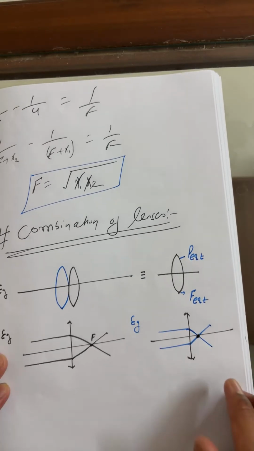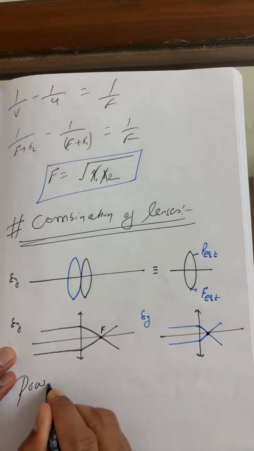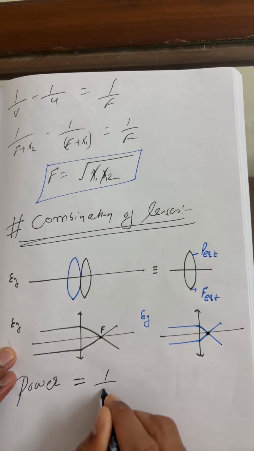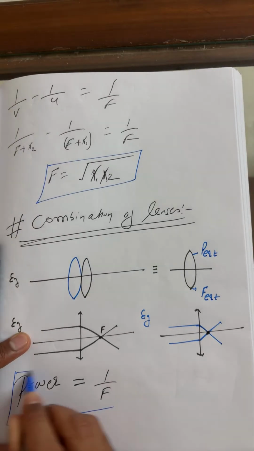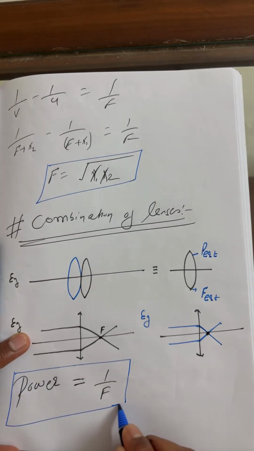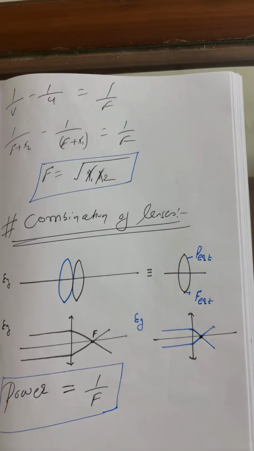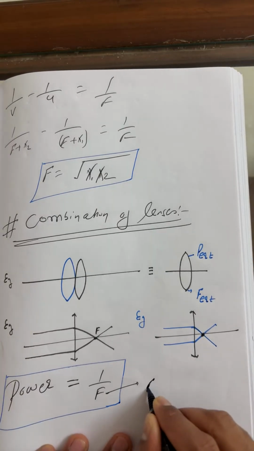So now, students, I'm going to define what power is. So power, nothing here, power you can write 1 by F. Power, what you can see, this is 1 by F. Right, my dear?